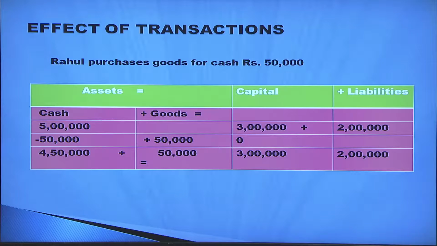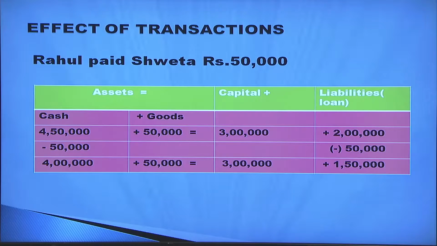So, minus 50,000 in the cash column. So, new accounting equation will be in the cash column 5 lakh minus 50,000, that is 4 lakh 50,000 plus another asset goods 50,000 equals capital plus liabilities, that is 3 lakh plus 2 lakh.